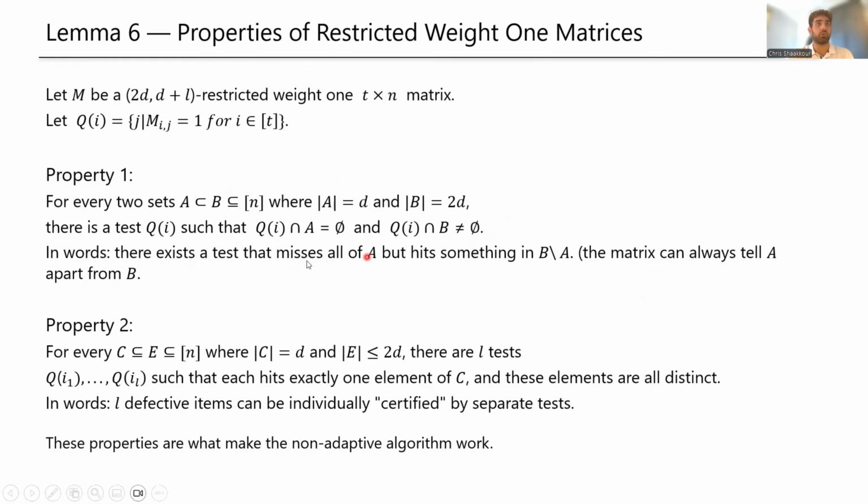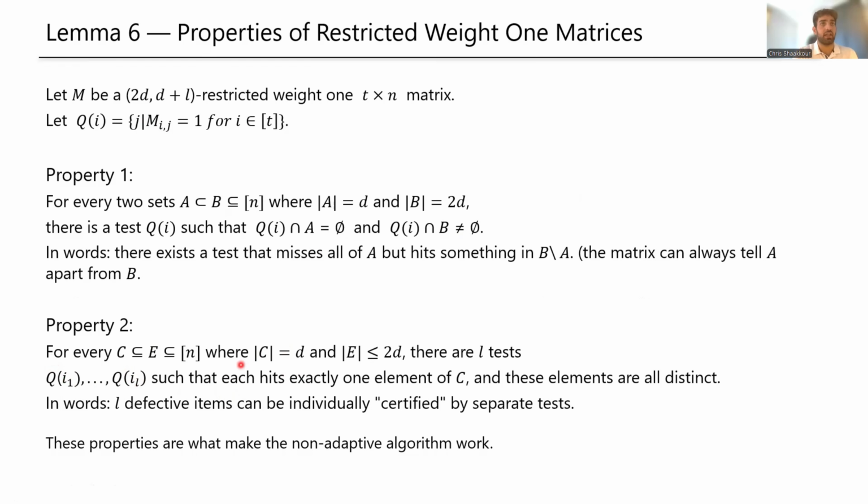Property number 2 says that for every C included or equal to E, which is included or equal to the set from 1 to n, where the size of C equals D and the size of E is smaller than 2D, there are L tests, Qi1 to QiL, such that each hits exactly one element of C, and these elements are all distinct.